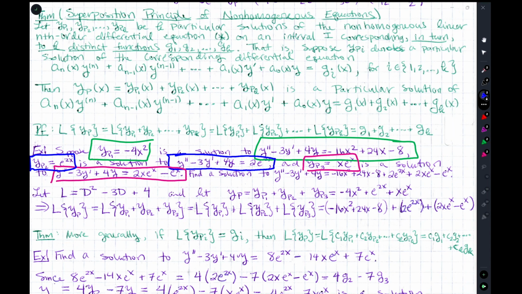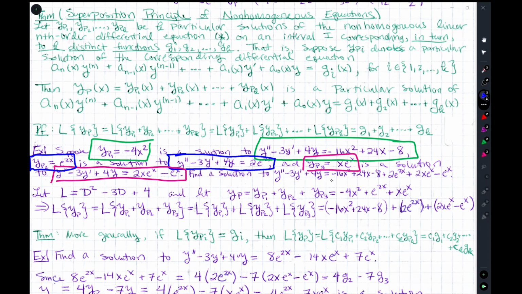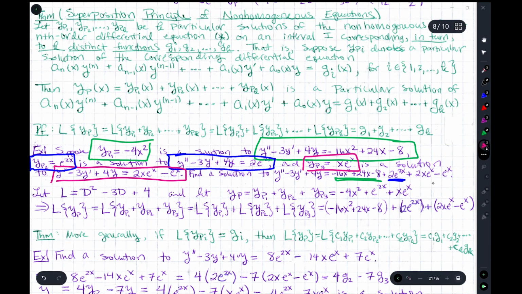Then notice something. We have the non-homogeneous equation here, and on the right-hand side we have 2e^(2x) there in blue. In green we have that right there, and in pink we have that right there.